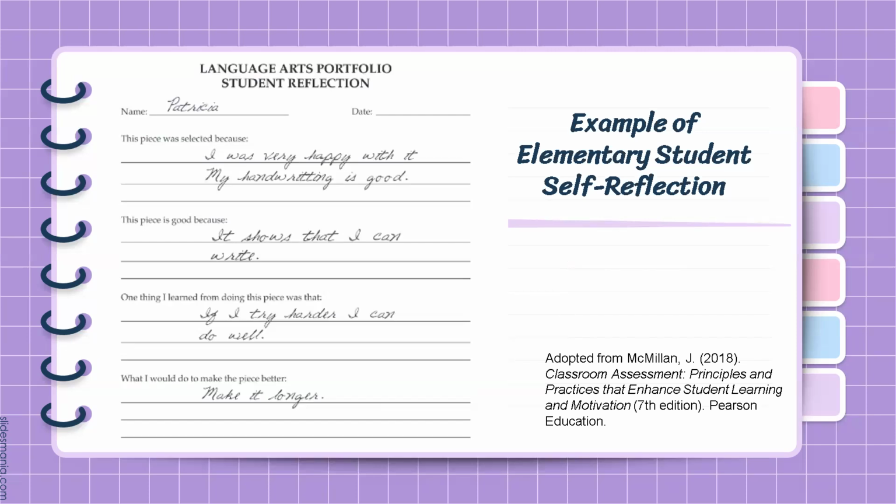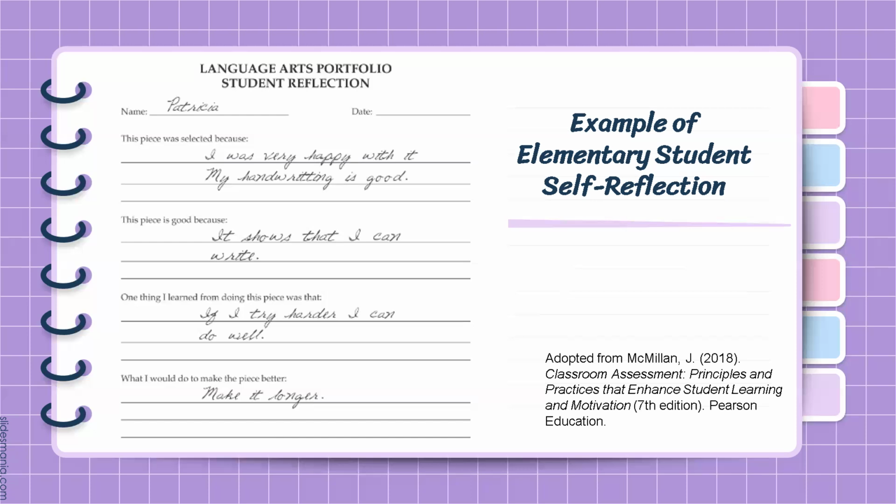So we have an incomplete statement here where the student is required to complete this statement. We have the first statement, this piece was selected because, and the student's answer, I was happy with it and my handwriting is good. The next statement, this piece is good because it shows that I can write.